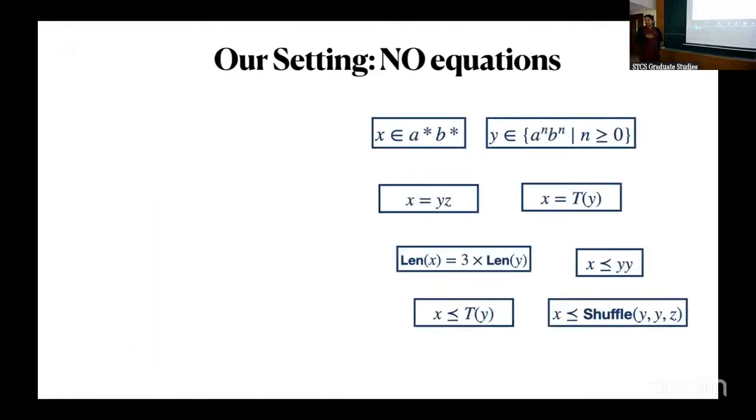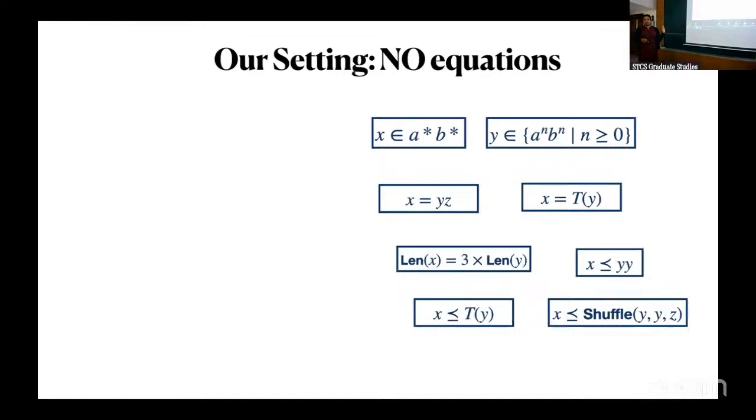And what we will see in this talk, in this setting, we will not have equations. If you just have length, then also it is not known, or length along with certain things and along with equality. So you put equations, and on top of it, you say that there should be some length constraint on a variable.